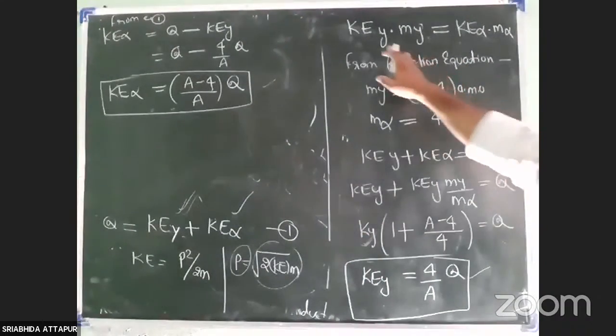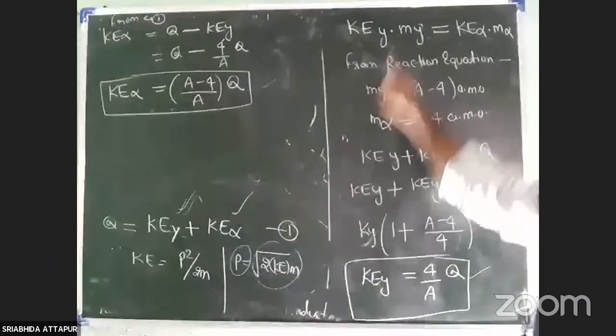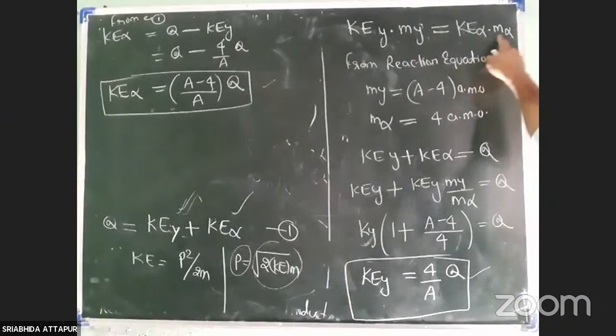So after that, kinetic energy of y into mass of y equals kinetic energy of alpha into mass of alpha.